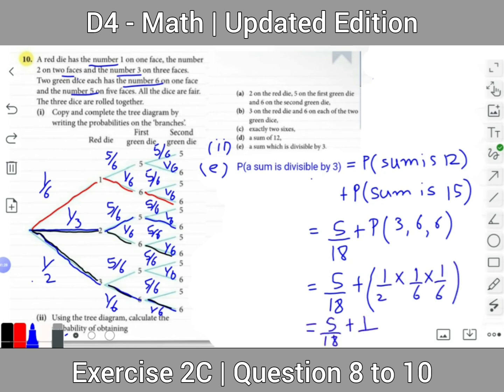plus 1 over 72. Now we are taking the LCM of 18 and 72. So here we have 2 9s are 18 and 2 3s are 6. Now we have 3. So 3 3s are 9 and 3 1s are 3 and 3 2s are 6. Now we have 3 and 3 1s are 3.